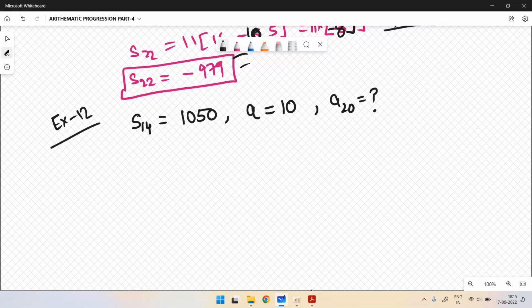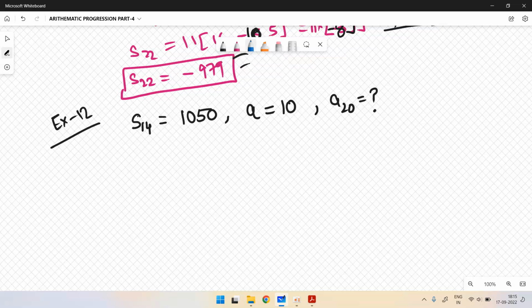Now you know that S of n is n by 2 into 2a plus n minus 1 d.